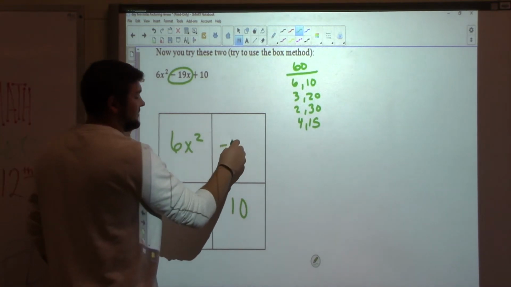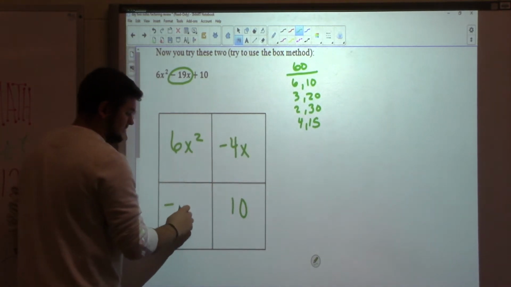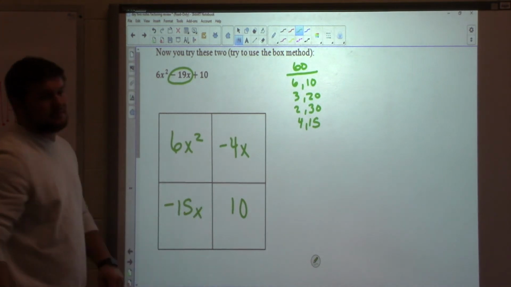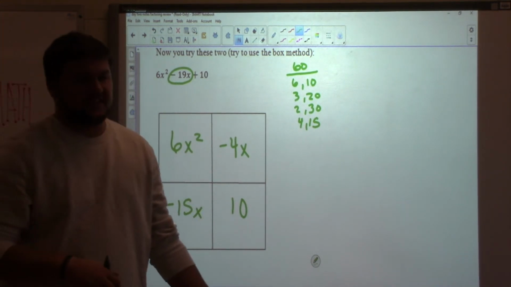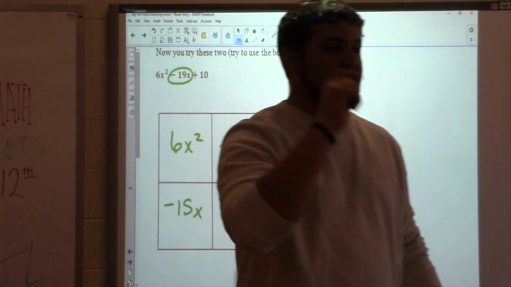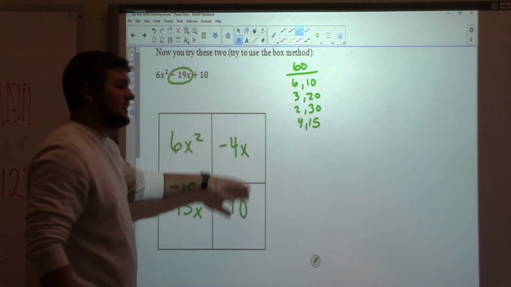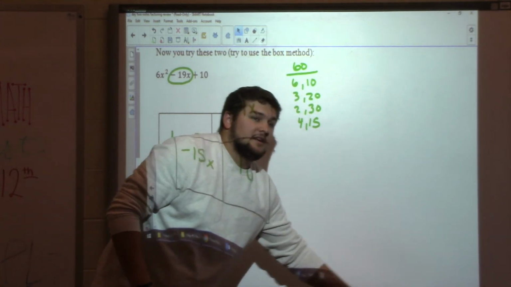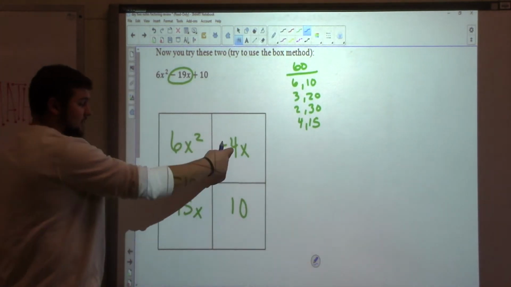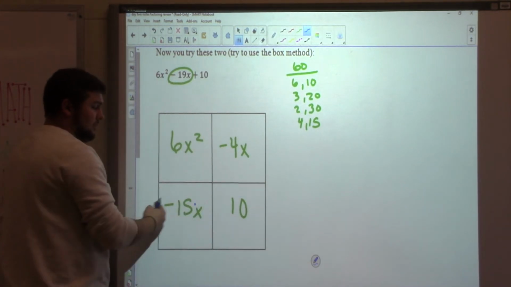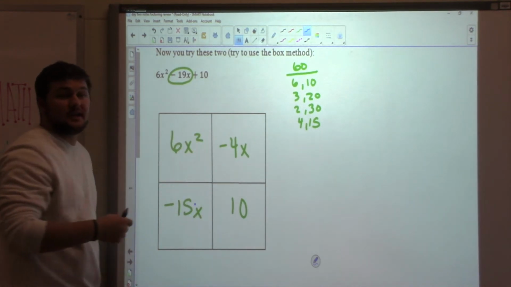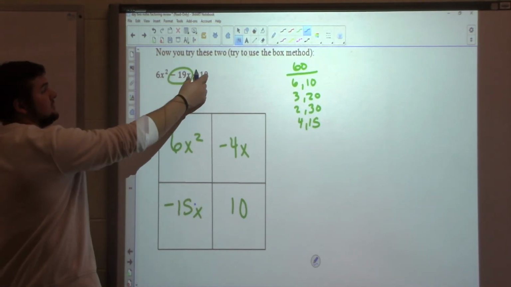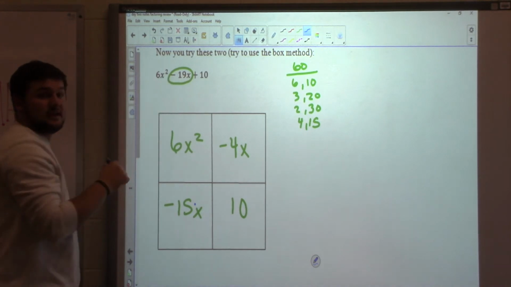Alright guys, this is where the box method gets kind of tricky. Now we said before that they both had to be negative when we take GCFs out of our boxes to make it negative, right? This is a special case where it's the opposite. If both of these are negative, then when I pull things out, they're going to be negative as well, because they need to multiply to a positive and add to a negative.